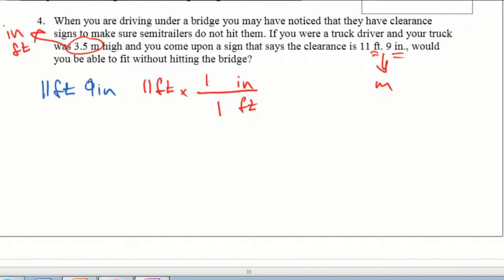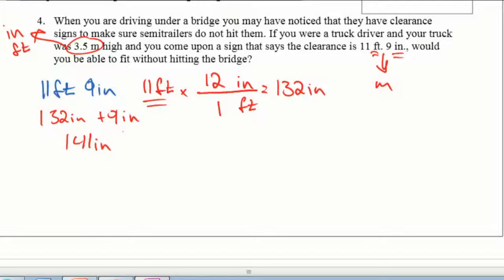I know that 1 foot is 12 inches from my formula sheet. And if I take 11 and multiply by 12, I end up with 132 inches. So that 132 inches is just the 11 feet part of this. So I'm going to take 132 inches and then add 9 more inches to it to figure out this entire number. So we end up with 141 inches.